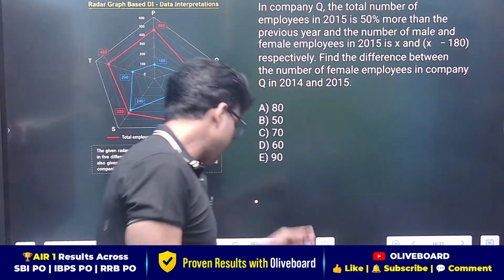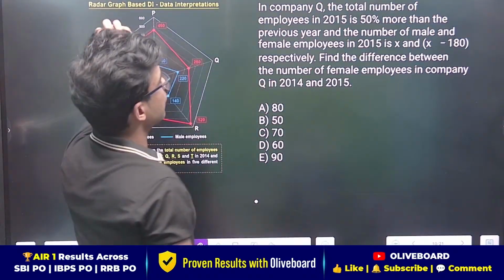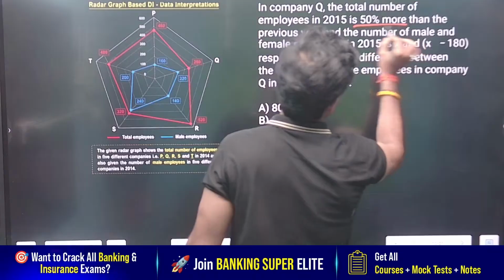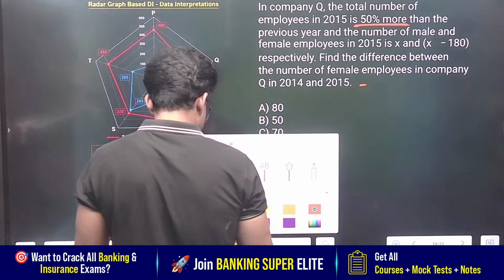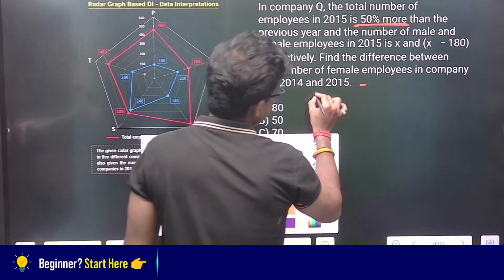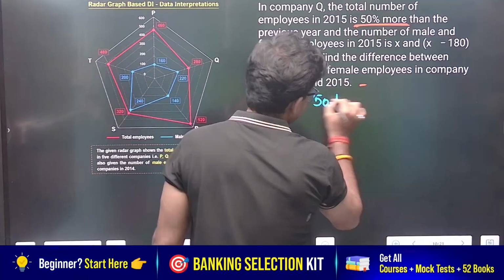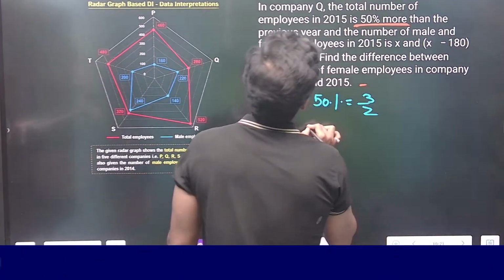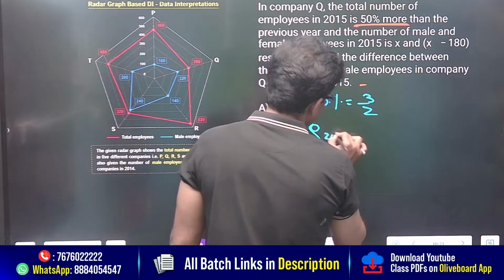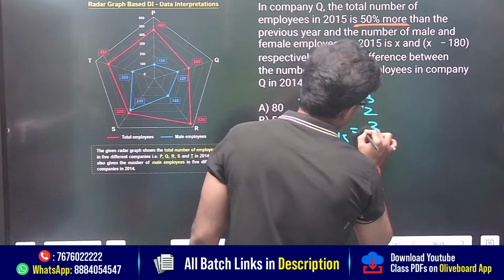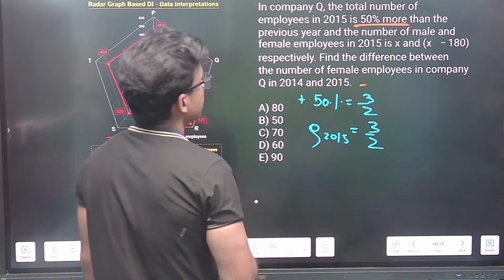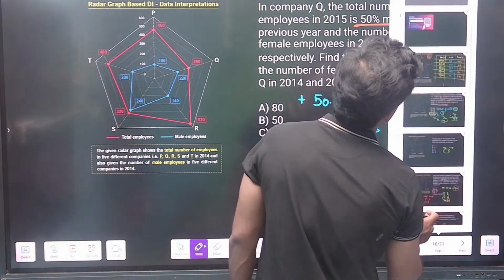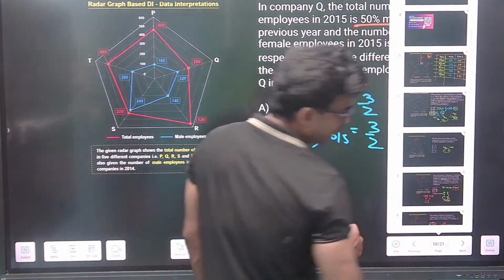Okay, let them. In a company Q, the number of employees in 2015 is 50% more. What's the meaning of 50% more? See guys, whenever we talk about 50% more, it means 3 by 2. So if I talk about Q in 2015, they are saying it is 3 by 2 of the previous year of Q, which is 280.